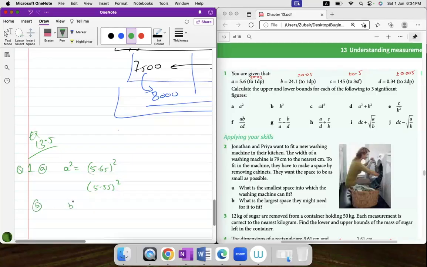B part is B cube, 24.15 cubed and 23.95. 24.1 minus 0.05 is 24.05. Upper and lower bound.